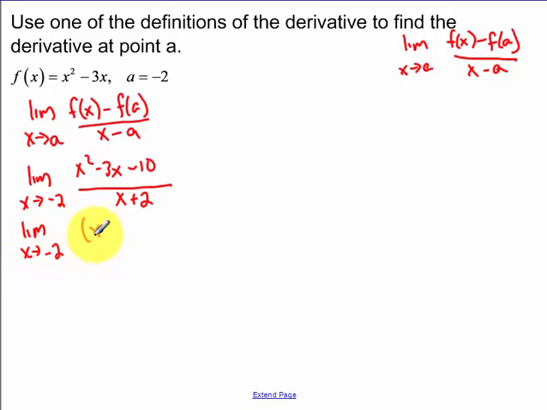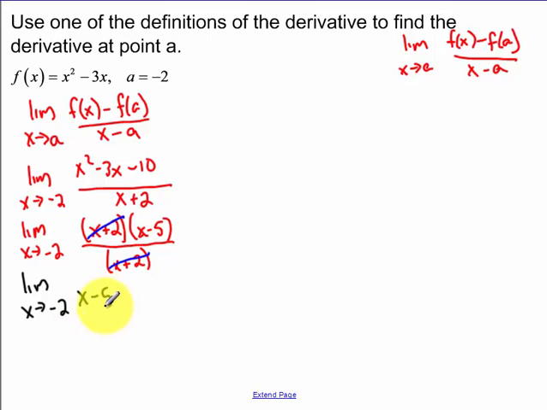You have to factor, and I'll give you a hint that my calculus teacher told me: the top is going to factor so that the bottom cancels out. So now the x plus 2's cancel, and we can take our limit as x goes to -2 of x minus 5. Plugging in -2, we get -7.